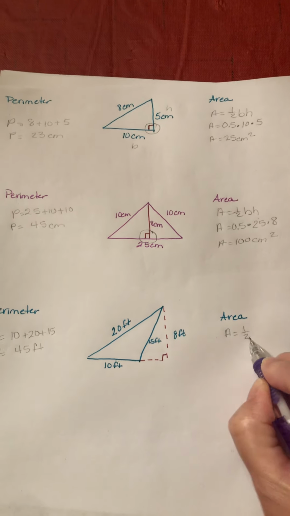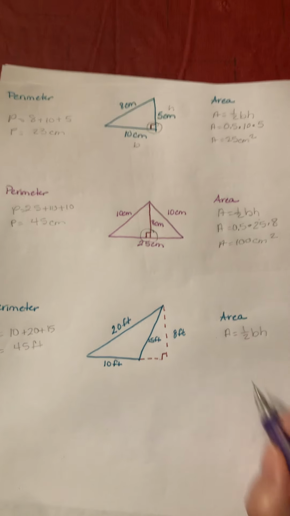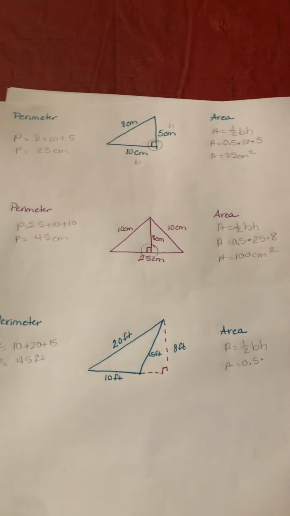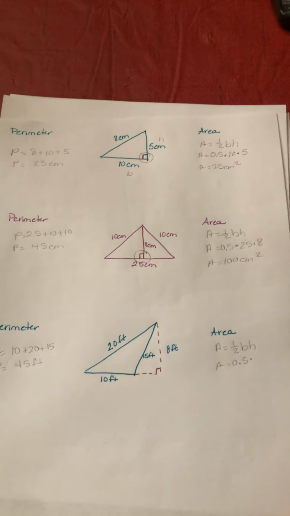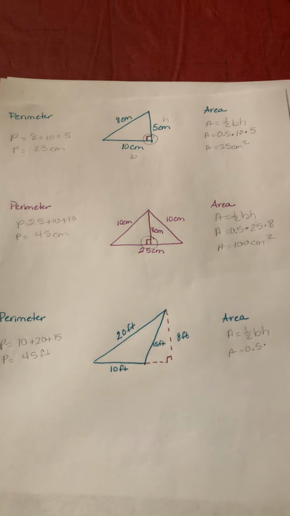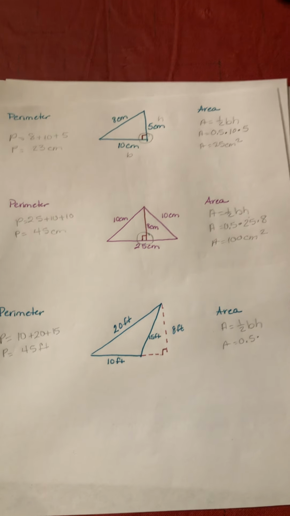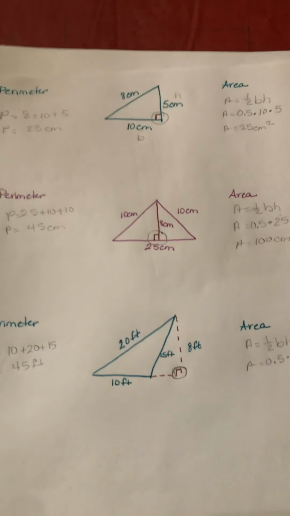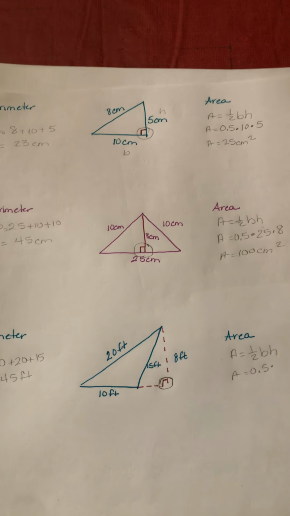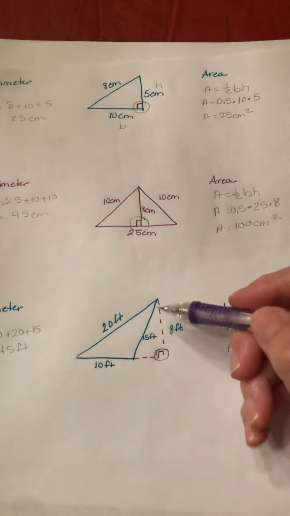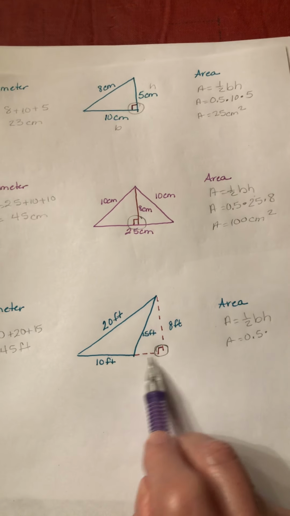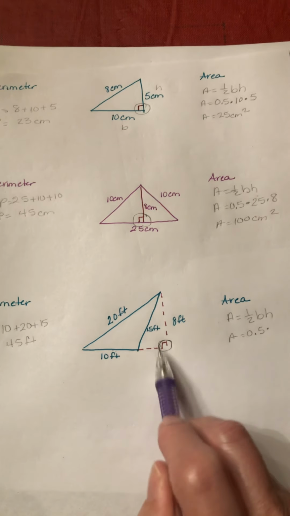All right, here we go with area. So that's half base times the height. Now again, you remember it's 0.5. But which one's the base and which one's the height? Who remembers what we need to look for? That's right, the right angle. Now notice that the right angle is outside of our triangle. That's kind of different, but it doesn't matter. Do you see how these two lines, these dotted lines, they kind of extend our points, which gives us that right angle.